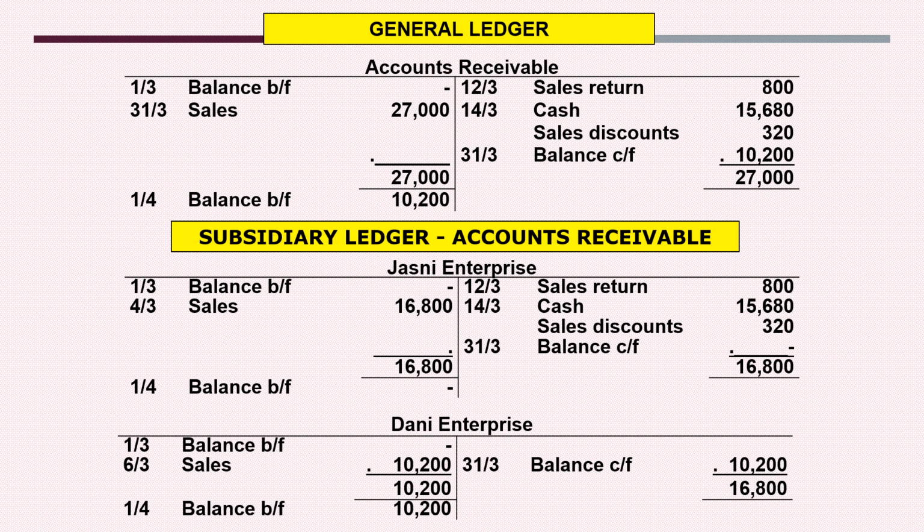And we also can see that the balance carry forward in Dani Enterprise, that is 0, plus the balance carry forward from Dani Enterprise, that is 10,200, will equal the balance carry forward in control accounts, accounts receivable, that is equal to 10,200.